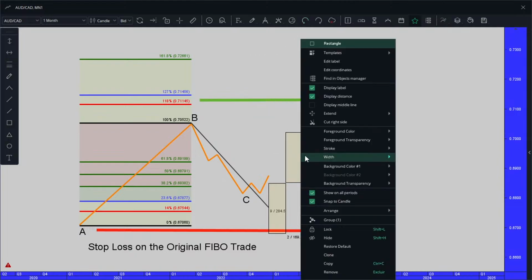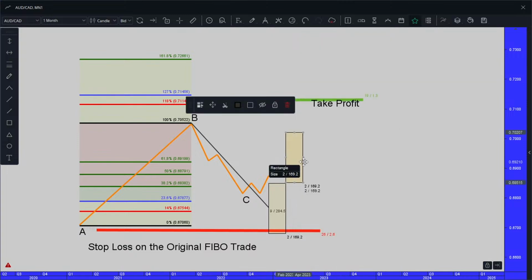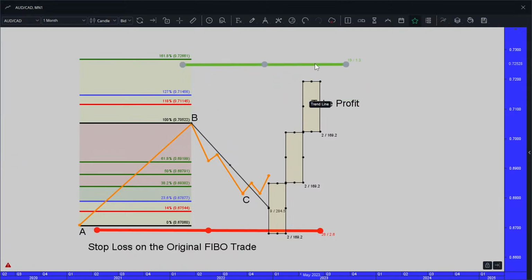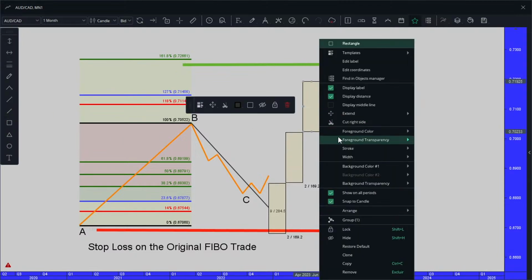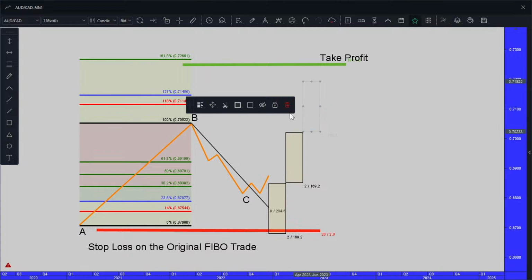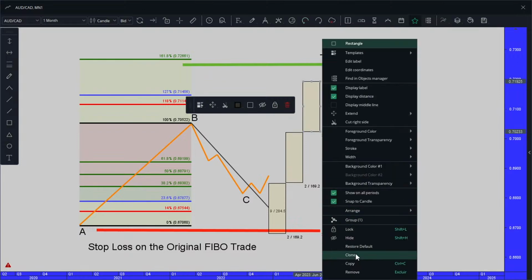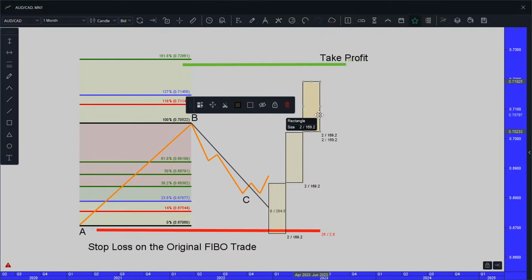So one more time, right click, clone, green goes to green, a few pips in front of, take profit, and clone. Again, I must be clicking something different. Oh, restore default, right.